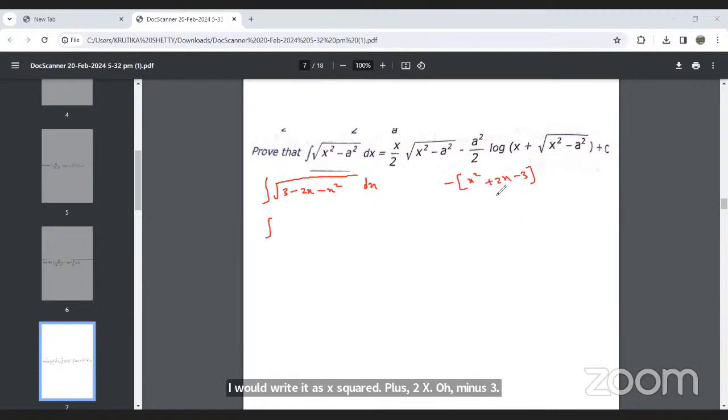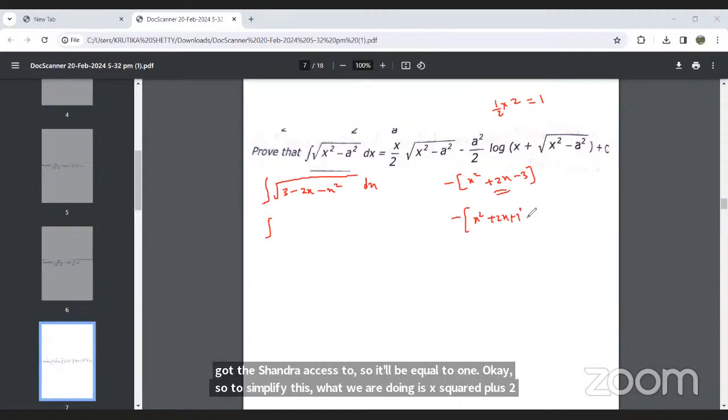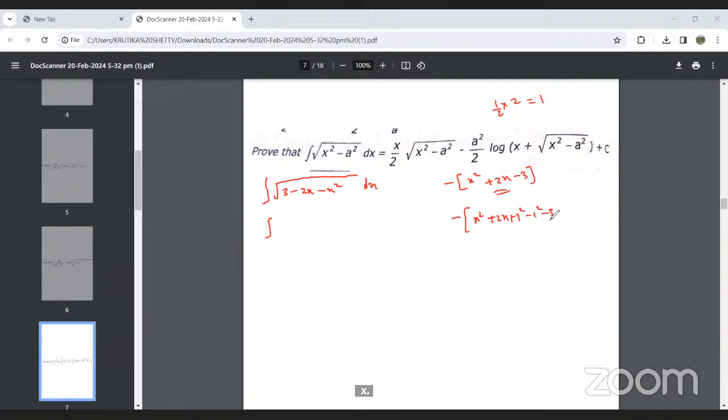Here you take half the coefficient of x. Half the coefficient of x is 2 by 2, so it will be equal to 1. So to simplify this, for x square plus 2x we add 1 square and subtract 1 square, minus 3.